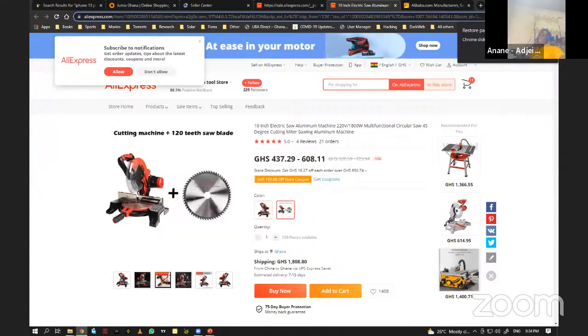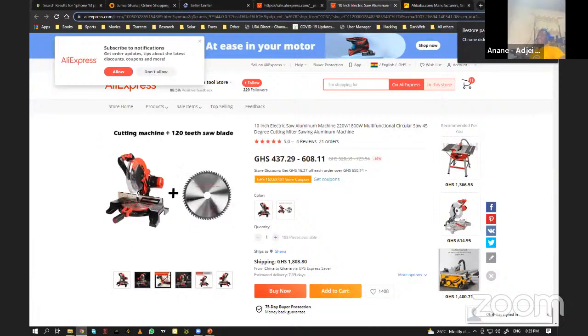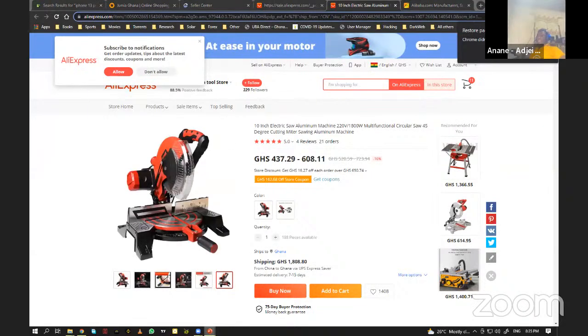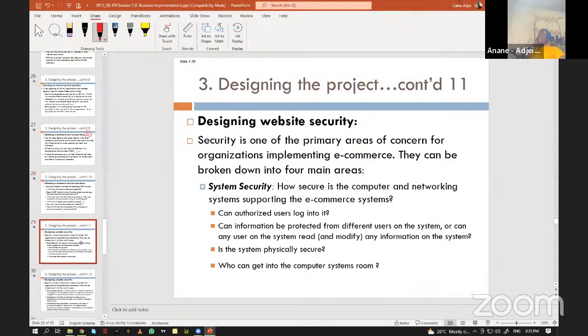I don't need a red, I need a black one. And if the person agrees and has a black one, he gives it to me. So does the service provider allow customization on their platform? That is a very, very important point to consider.